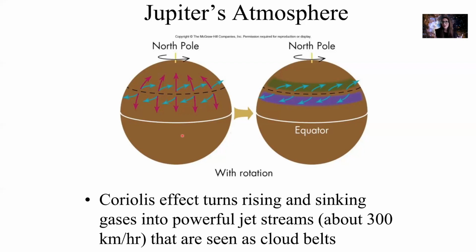And then that creates the alternating bands of clouds on Jupiter. Some of them are going to the east, some of them are going to the west, and these winds and these streams can be moving at speeds of about 300 kilometers per hour. That's pretty intense. Some of the most intense weather in our solar system we can find on Jupiter.